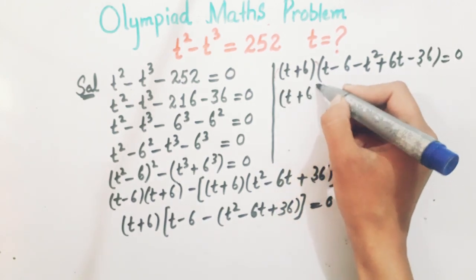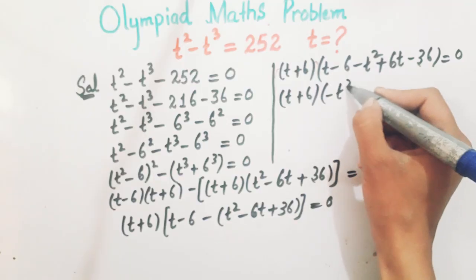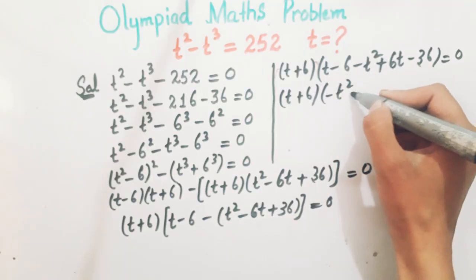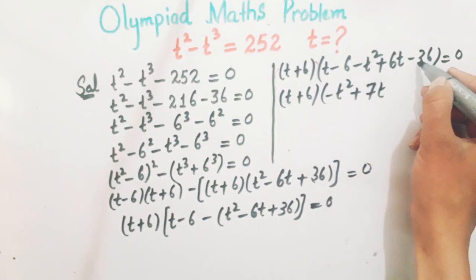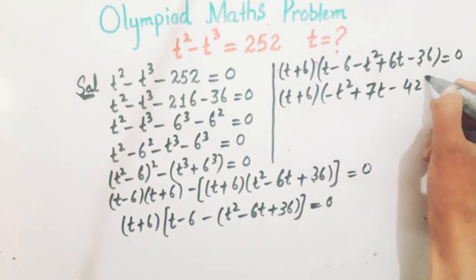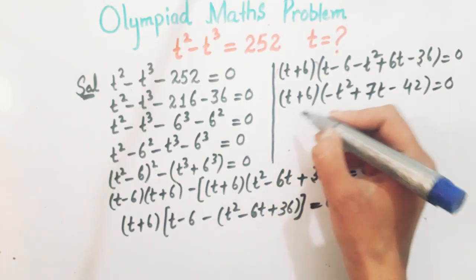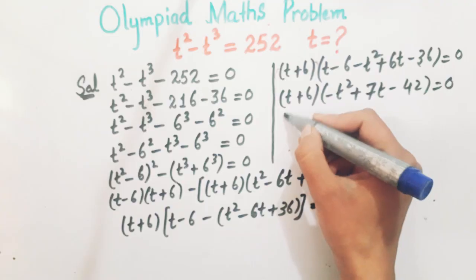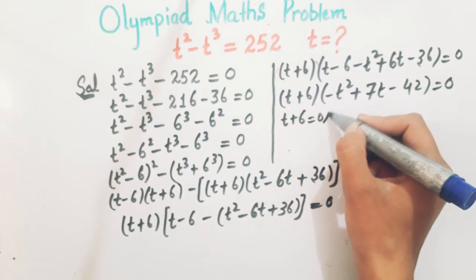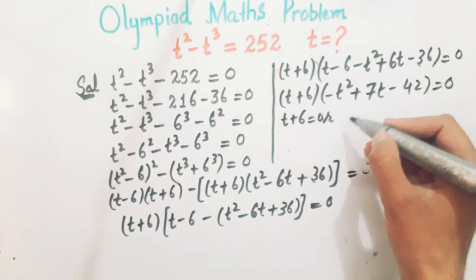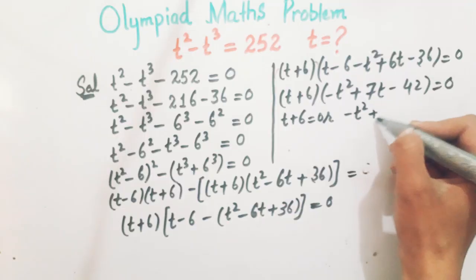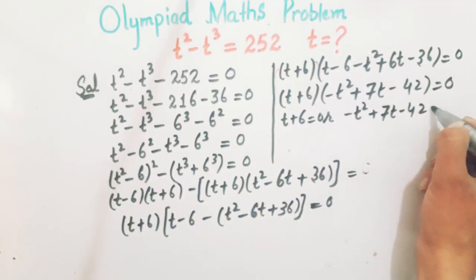So t plus 6, here we have minus t square, 6t plus 1t is 7t, and minus 36 minus 6 is minus 42, that equals 0. Now we have two factors. First is t plus 6 equals 0, or other one is minus t square plus 7t minus 42 equals 0.